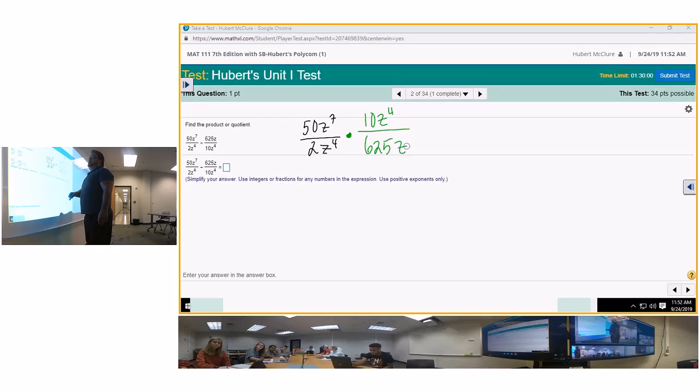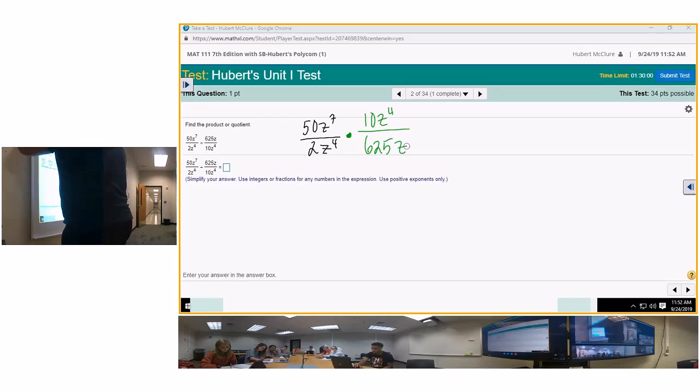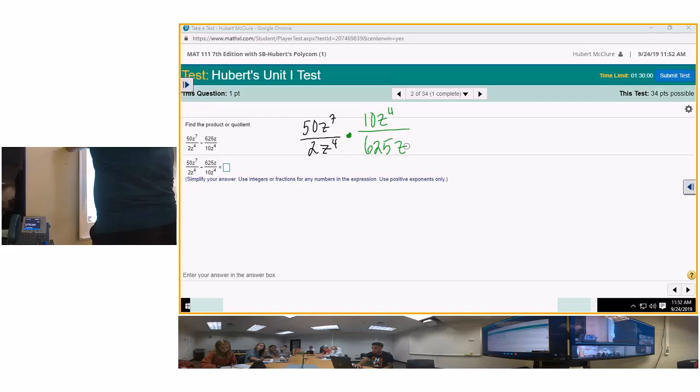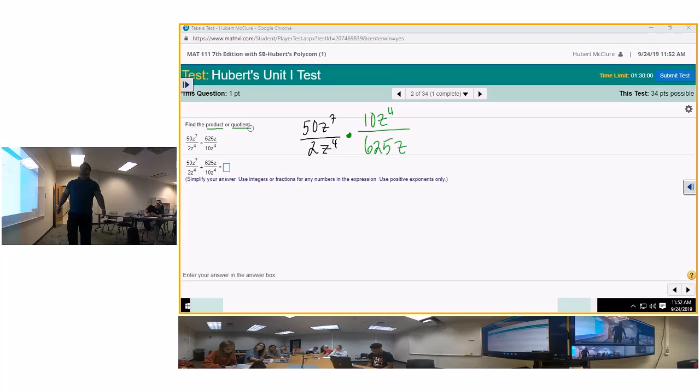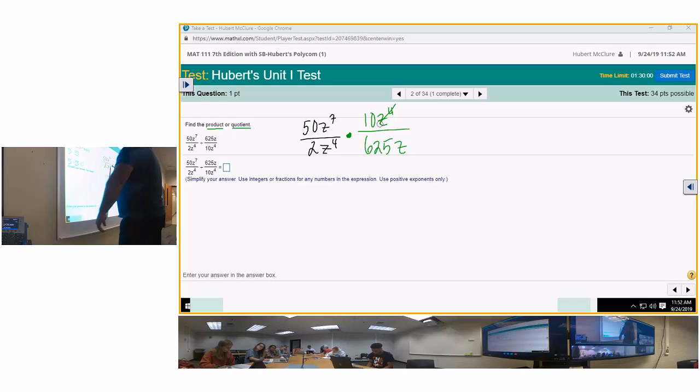And look, a lot of people say, well, what does it say? Find the product. How do we know that's not a plus? Does it say sum? No, it doesn't say sum. So it's not a plus symbol. It is a division symbol. And what happens to the z to the 4th? They cancel. And this is a 1, so that makes that z to the 6th.